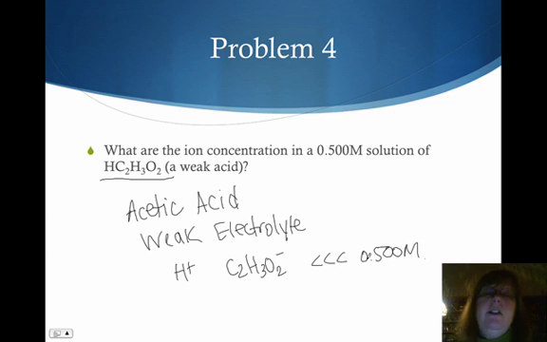If you would like to learn how to calculate the exact proton concentration of a weak acid, then you better take AP Chemistry, because that's a problem for AP Chemistry. But for right now, just know that the proton concentration and the acetate ion concentration in these weak acids are far less than the concentration of the acid.